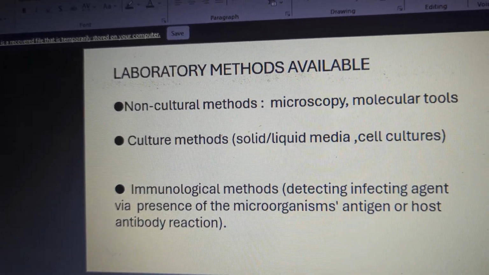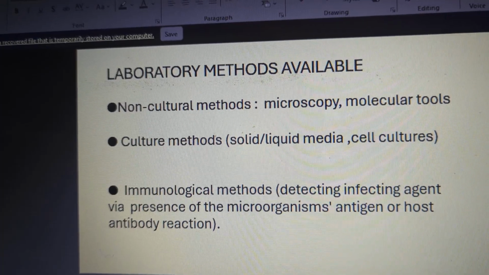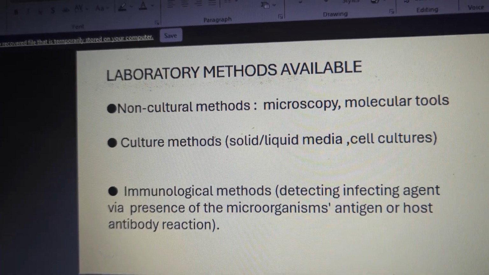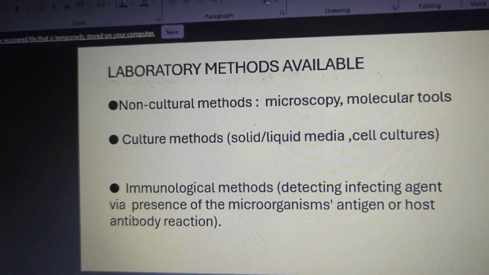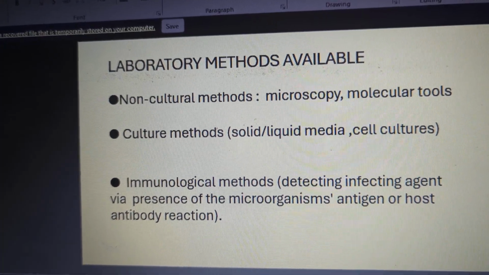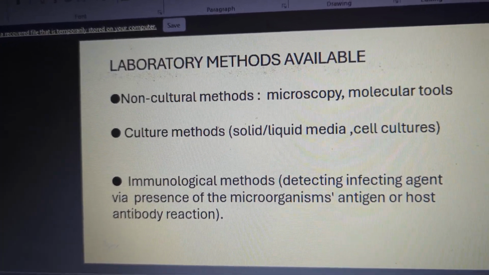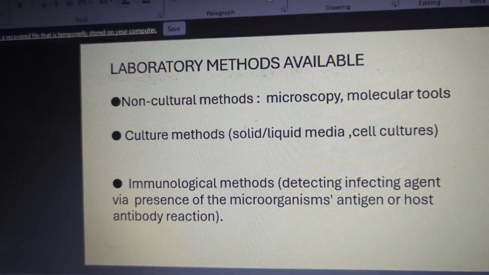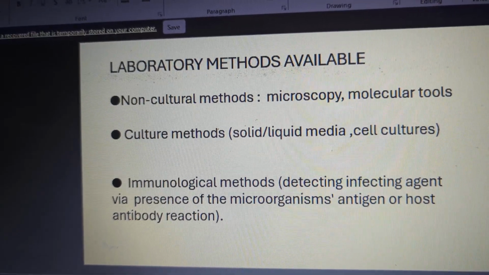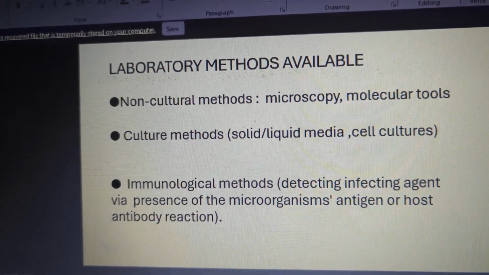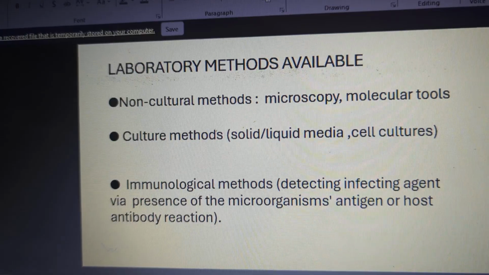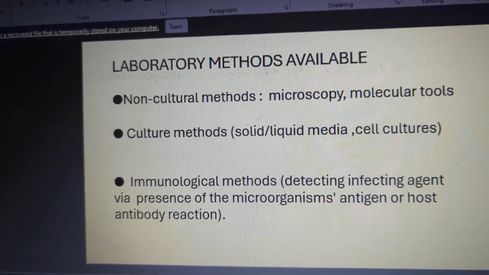Okay, so non-cultural methods, we can throw in the immunological methods under non-cultural methods, but it's just a nicer distinction to say immunological methods on their own, but they're obviously non-cultural methods, right?